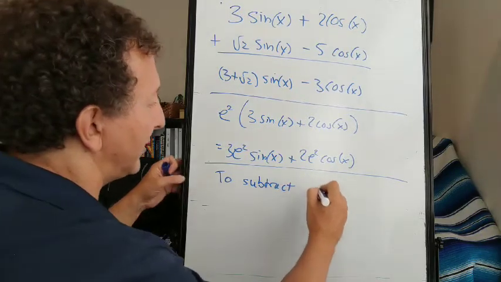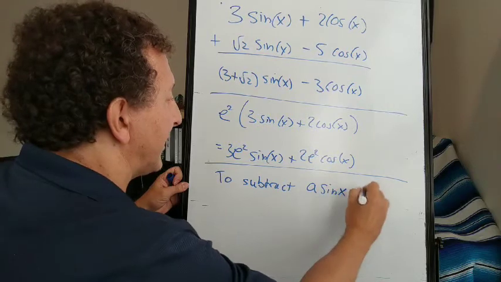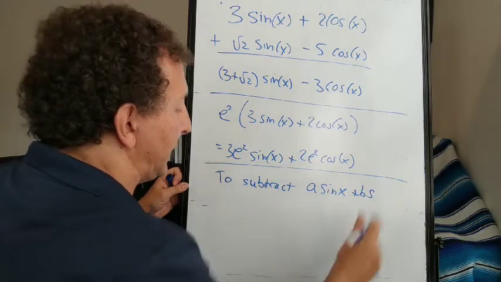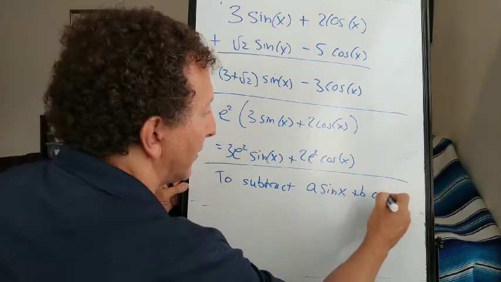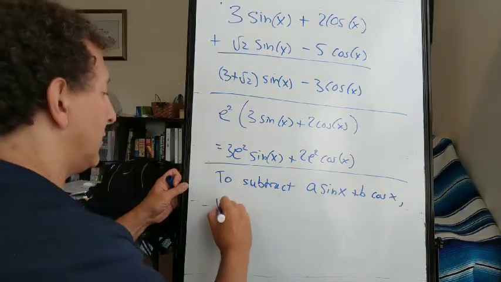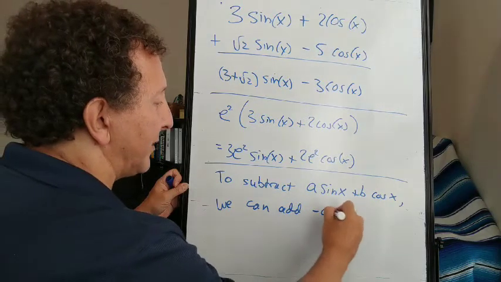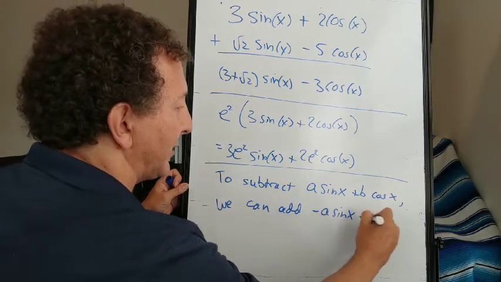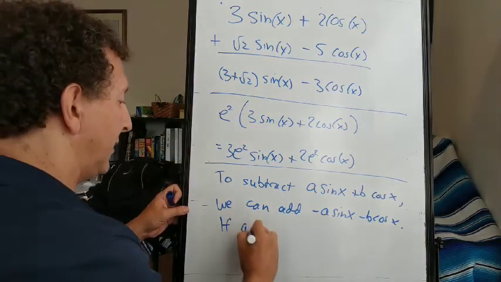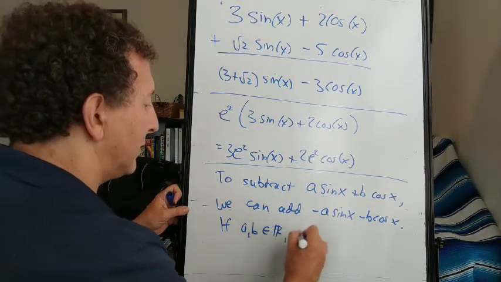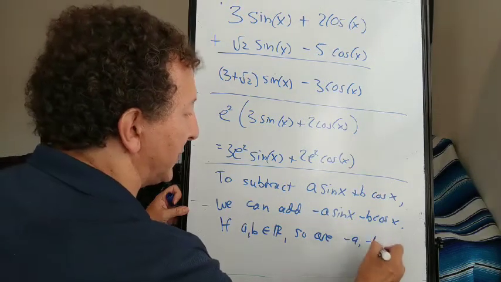So to subtract a sine of x plus b cosine of x, we can add negative a sine of x minus b cosine of x. If a and b are real, so are negative a and negative b.